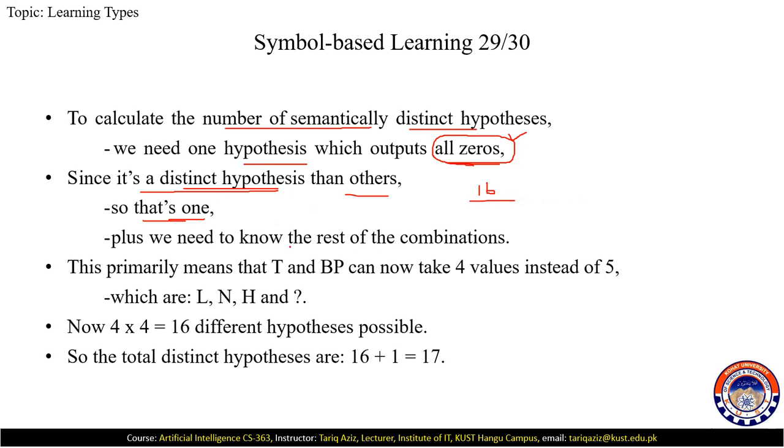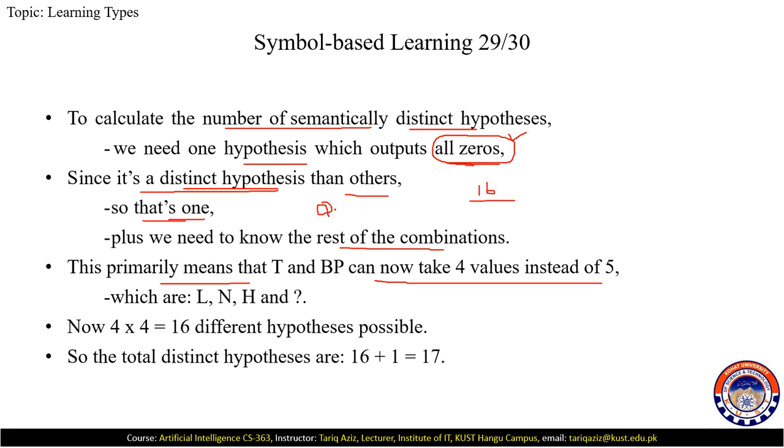So what is the rest of the combinations then? This primarily means that temperature and blood pressure can now take four values instead of five. Why? Because we eliminated the theta. Because we said that redundancies are caused by theta, and we want distinct hypotheses.